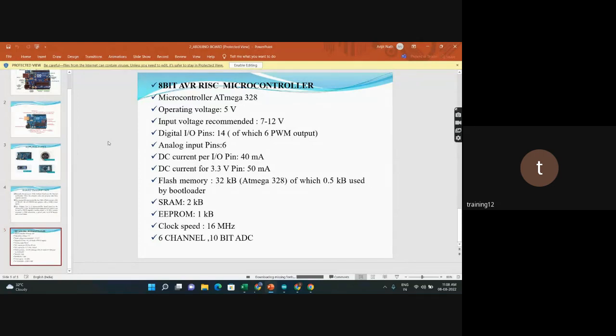DC current per IO pin is 40 milliampere. DC current for the 3.3 volt pin is 50 milliampere. Flash memory is 32 KB, of which 0.5 KB is used for the bootloader. SRAM is 2 KB, EEPROM is 1 KB, clock speed is 16 megahertz, and there is a 6 channel 10-bit ADC. So everything is clear about the basics of the Arduino board.